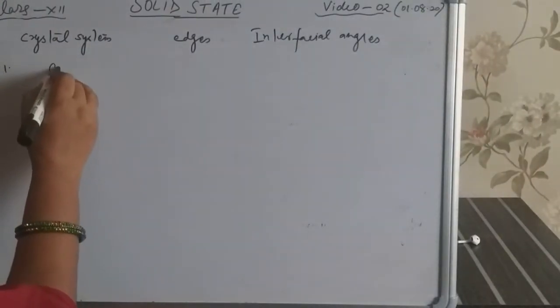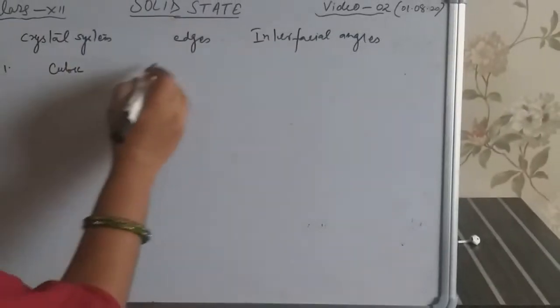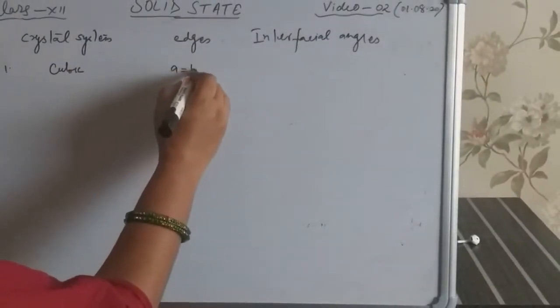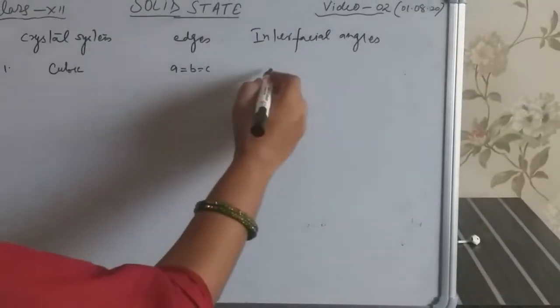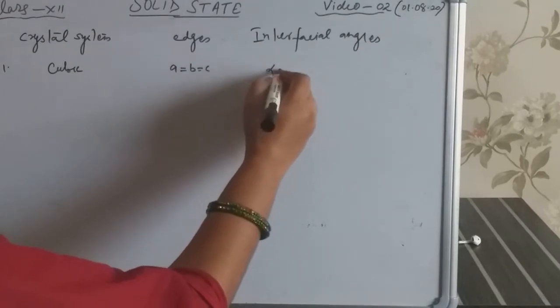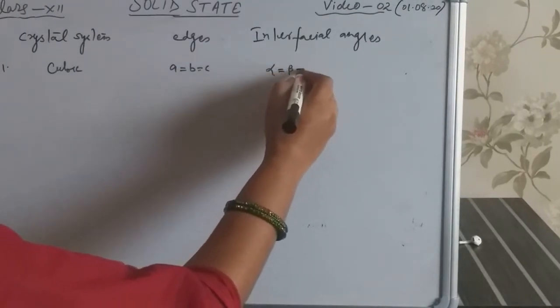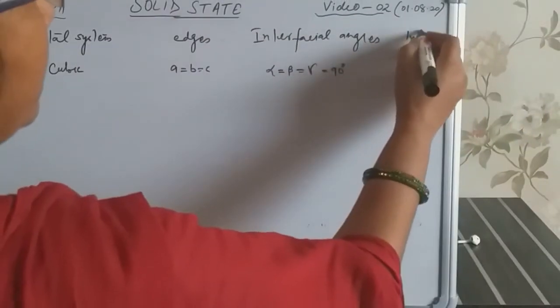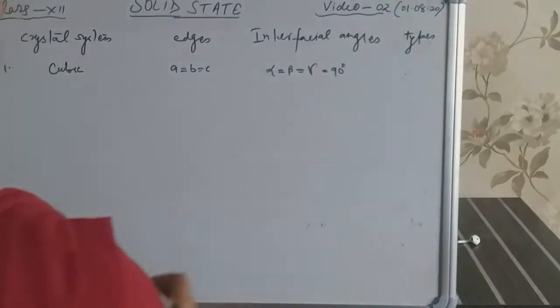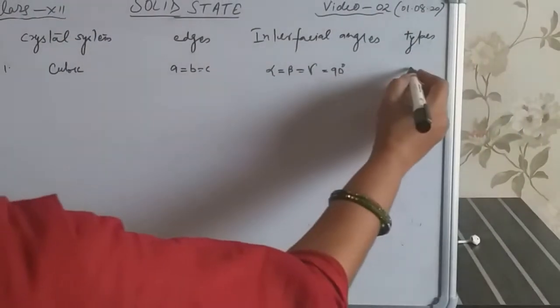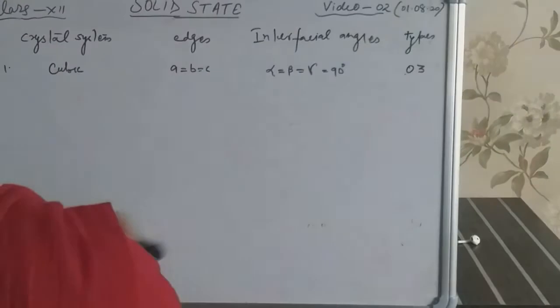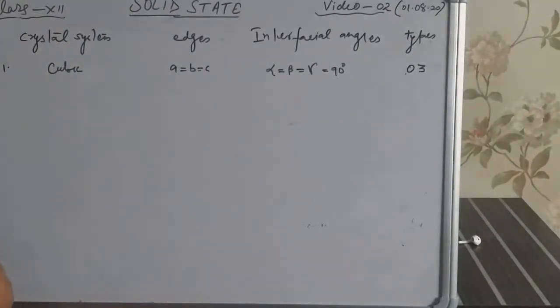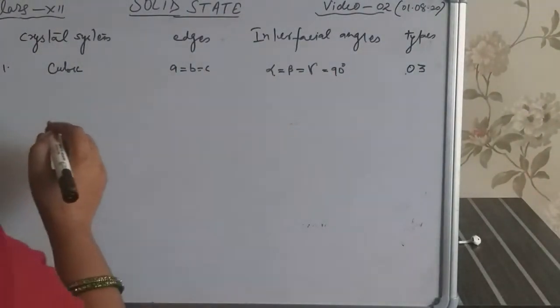The first crystal system is cubic, in which a equals b equals c, and interfacial angles alpha equals beta equals gamma equals 90 degrees. How many types of lattices are found in cubic? Total 3 types. The names of the 3 types are given in your NCERT book.